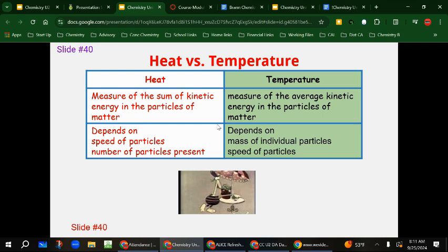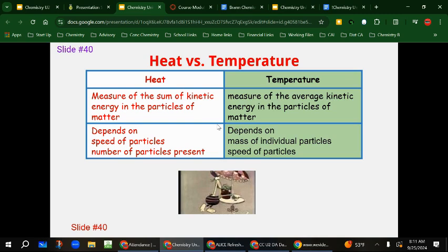By the way, are there a lot of particles in here? Yes? No? Maybe so? Does that mean they're all moving at the same speed? Is it possible that some are moving faster? Yeah.